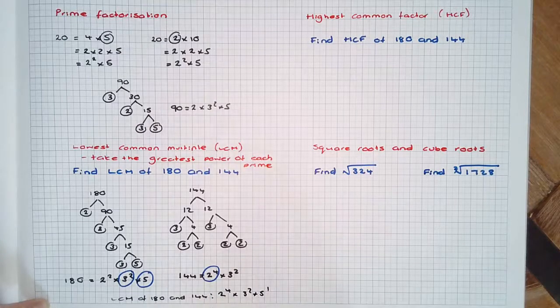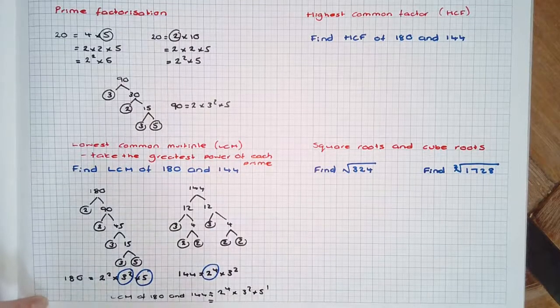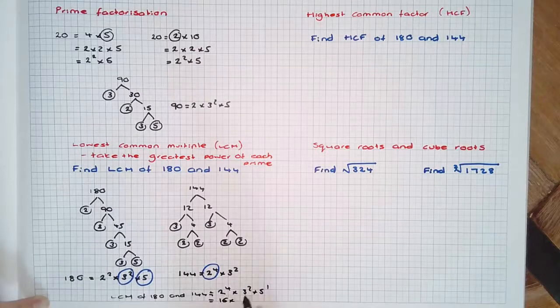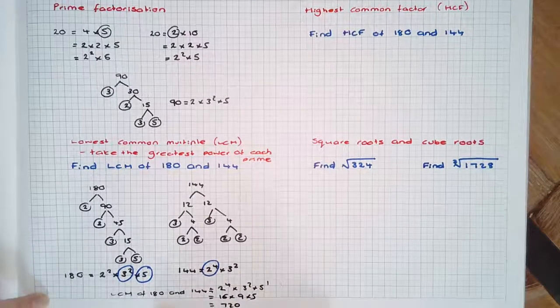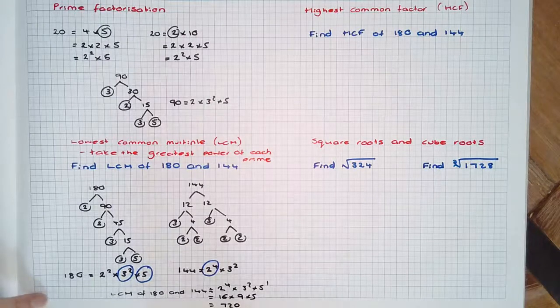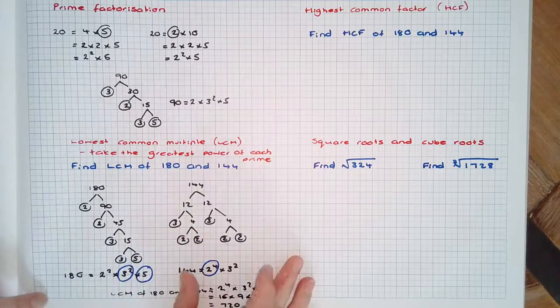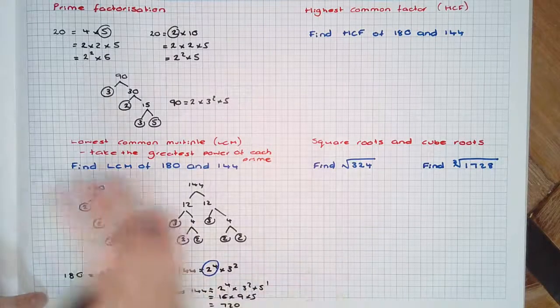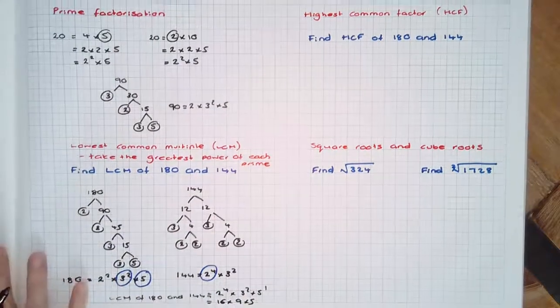And if we're going to actually calculate this out, 2 to the power of 4 is 16 times 9 times 5, we get 720. Now, this is probably quicker than listing all the multiples of each number until you find the lowest common multiple, but for smaller numbers, the traditional method's probably faster.